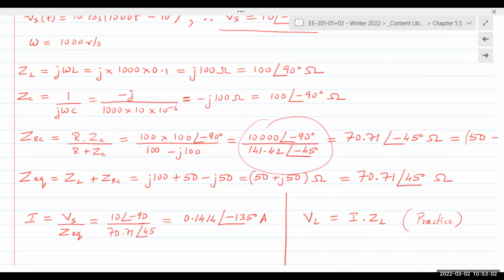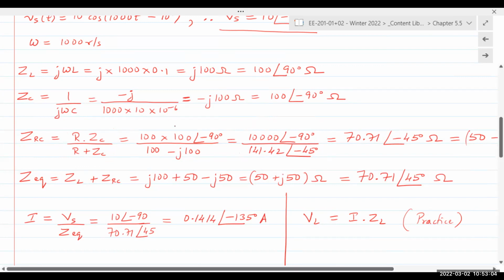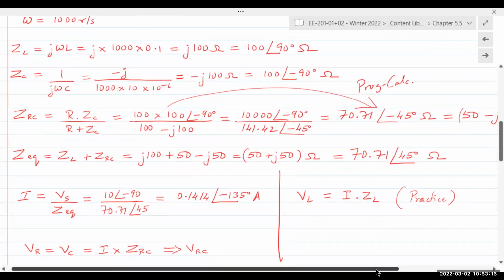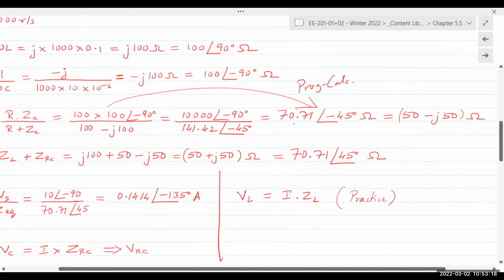So I have to convert it back and forth. Obviously, you can jump from this step directly to here if you have a programmable calculator. Again, this is something you need to practice on your own. All right. And that gives me a total impedance of 70.71 at minus 45, or 50 minus J50.